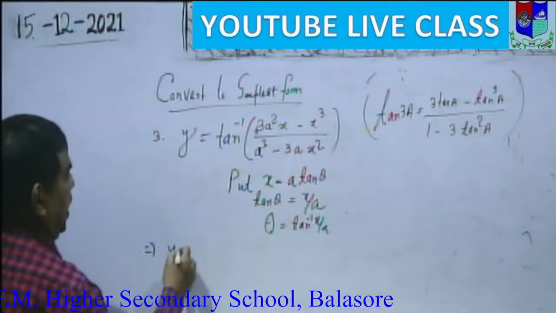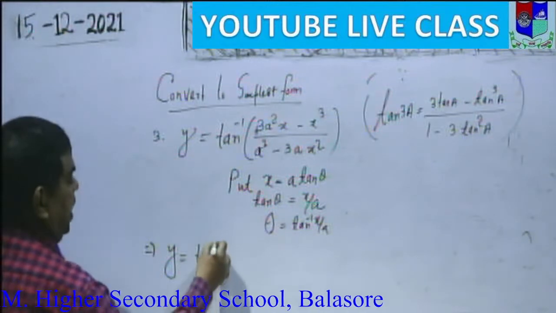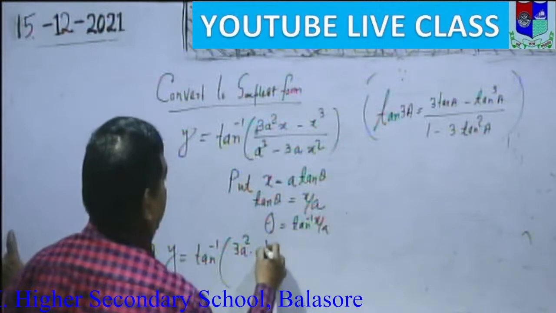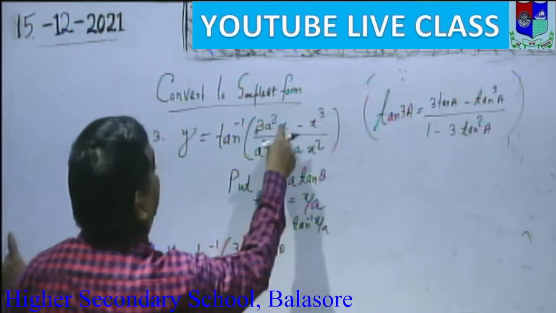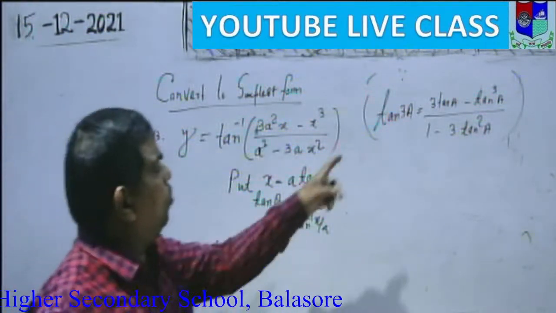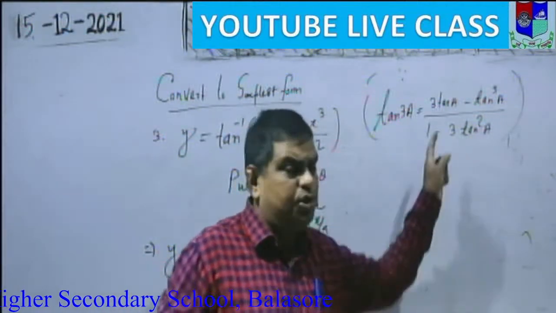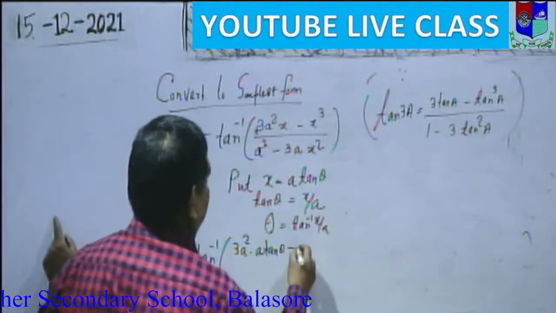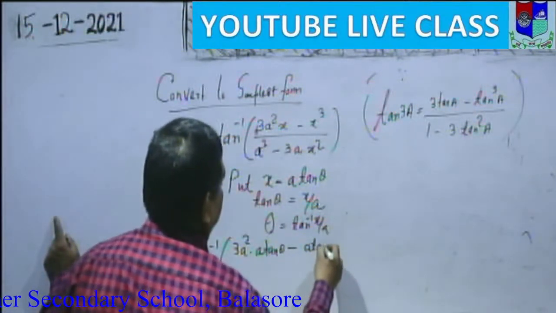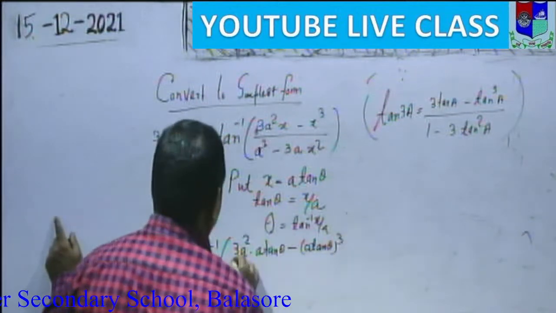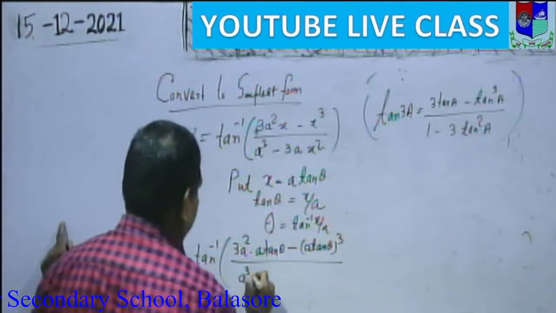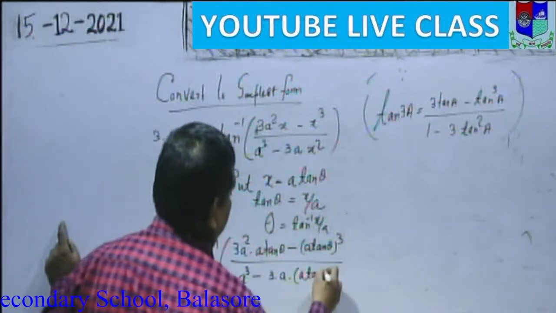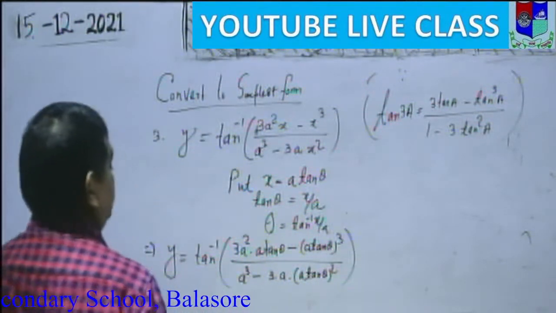This implies y is equal to tan inverse of 3a square into a tan theta minus a tan theta whole cube, divided by a cube minus 3a into a tan theta whole square.